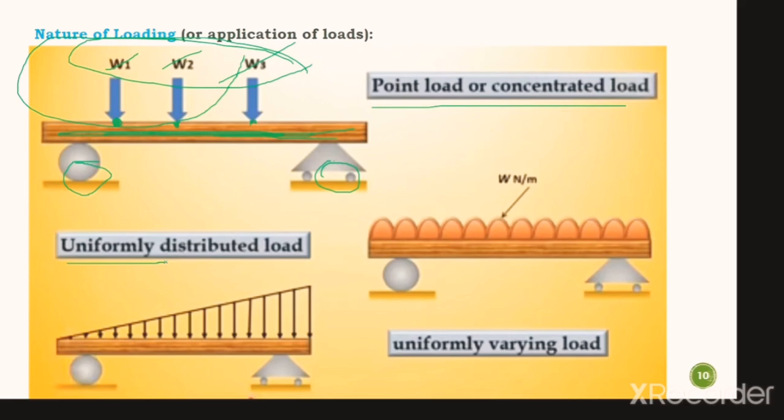So for now, just know the nature of loading. It is the same here again. These are the two supports, and this is a beam, and this is nothing but a load. But this load is called a uniformly distributed load, not a point load, right?